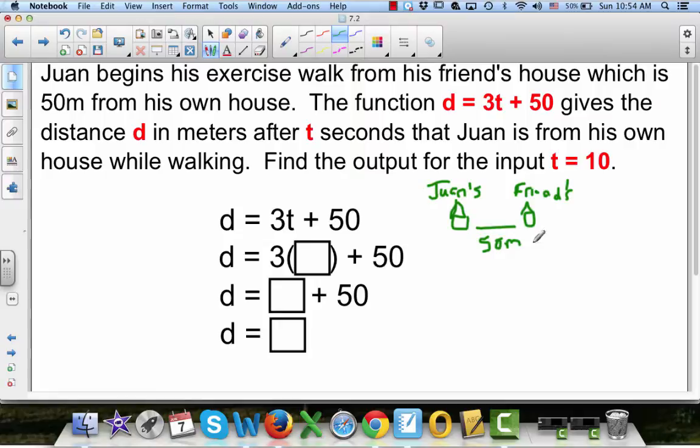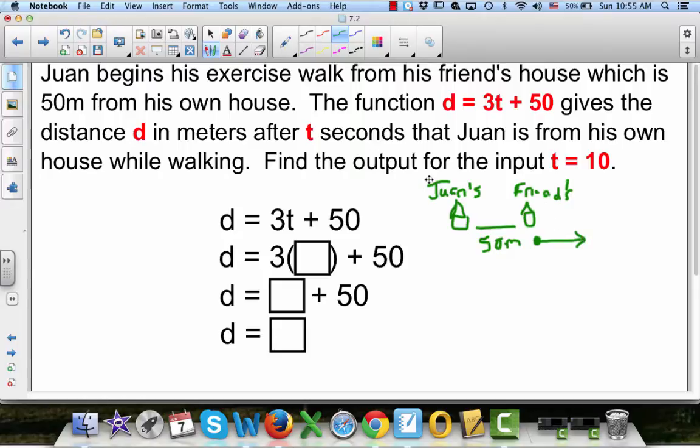He starts here and he goes on a trip. So he begins his exercise walk from his friend's house, which is 50 meters from his own house. This function, d equals 3t plus 50, gives the distance that he is from his house after a certain amount of time.